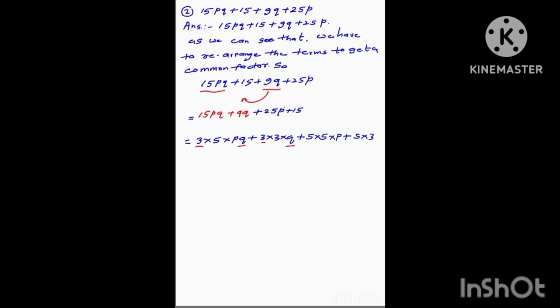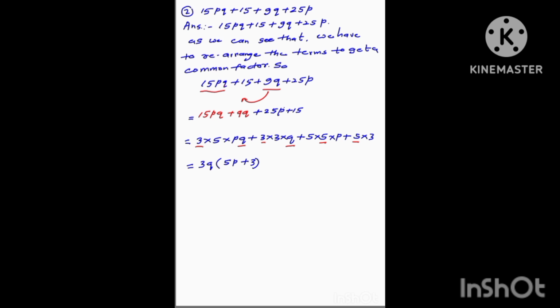Okay, the 3q is common. So in the first two terms 3q is common, so we take it common, and what remains inside the bracket is 5p plus 3. Yes, it is 5p plus 3.